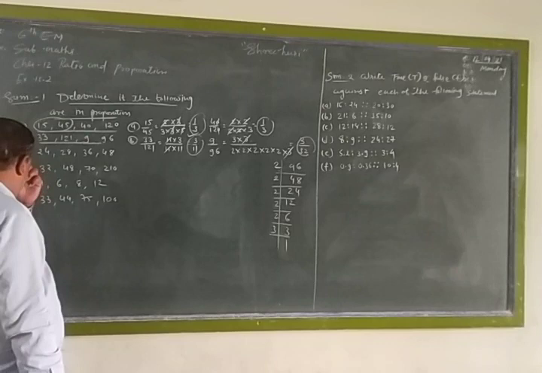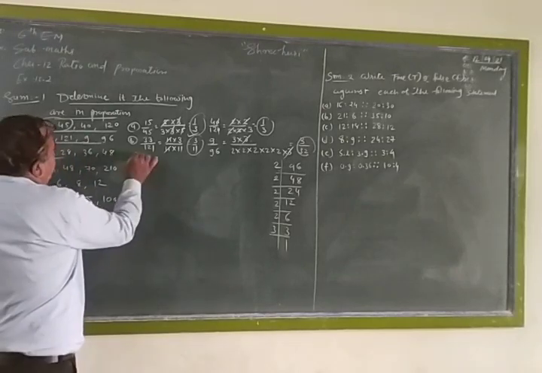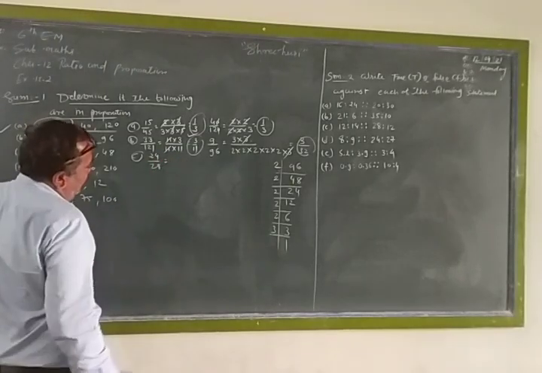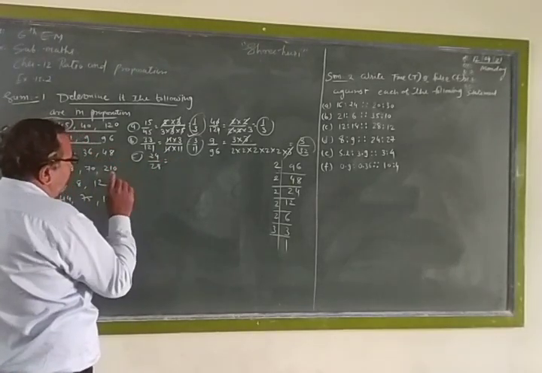Now 24 and 28, see 24 upon 28, in shortest form, otherwise reduced form.